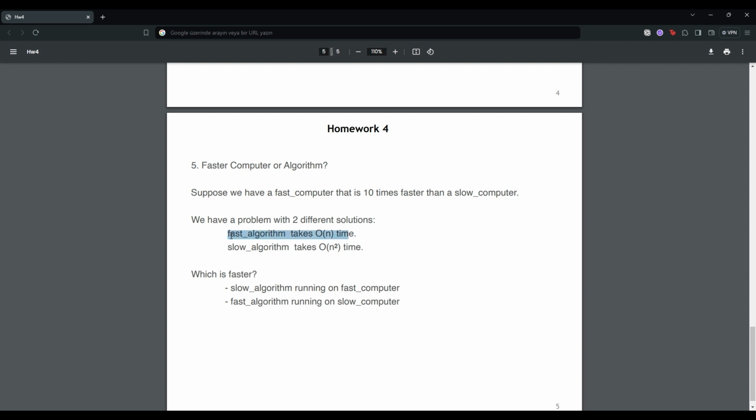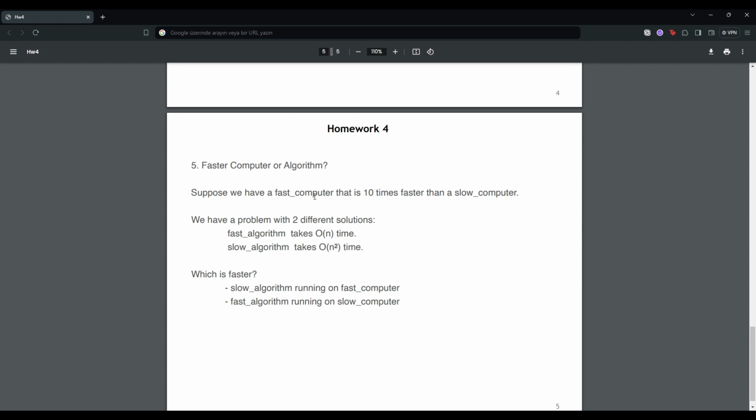Comparing the two, O(n), the fast algorithm, is significantly faster than O(n^2 divided by 10). Therefore, the fast algorithm running on the slow computer is faster.